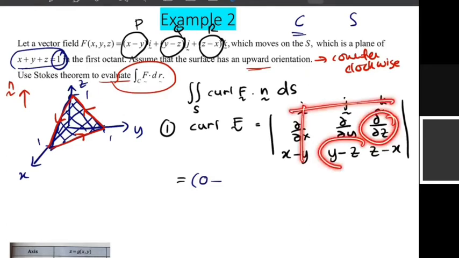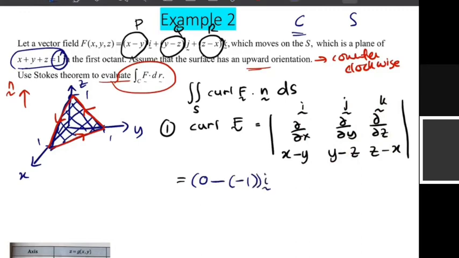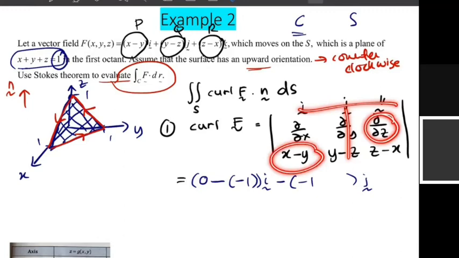Okay, first find curl F. Then you put here P, Q, R. So this is our P, Q and also R: x minus y, y minus z, z minus x.